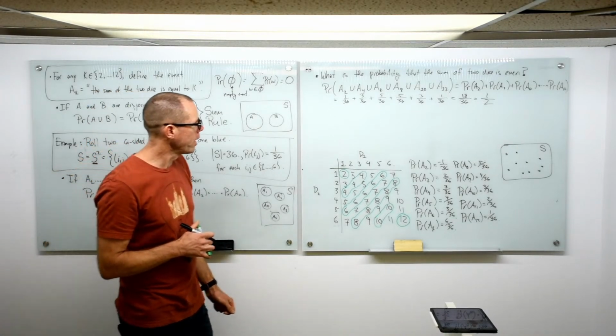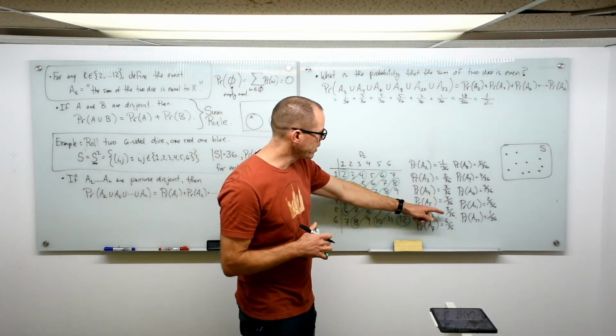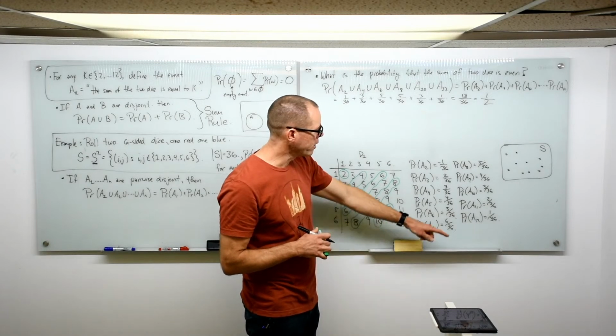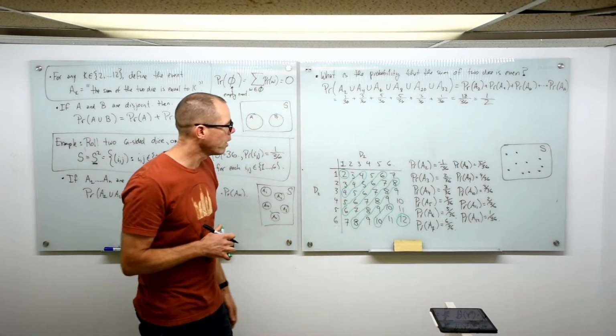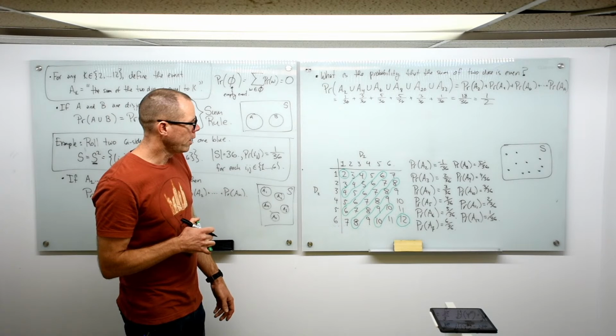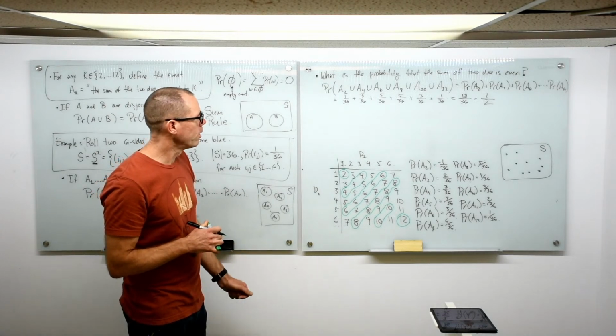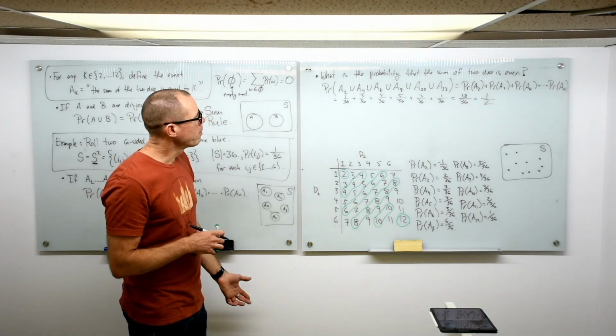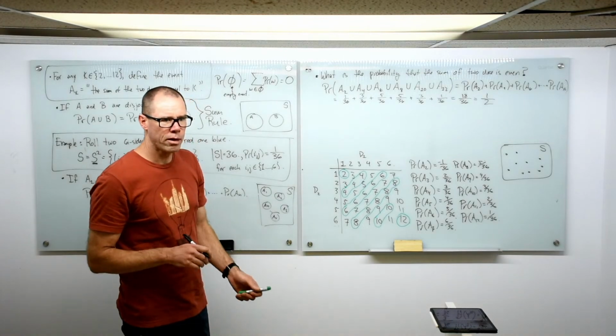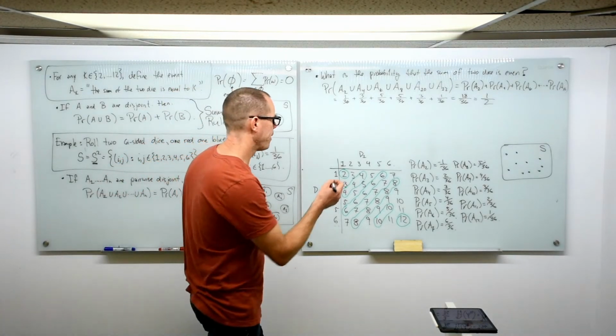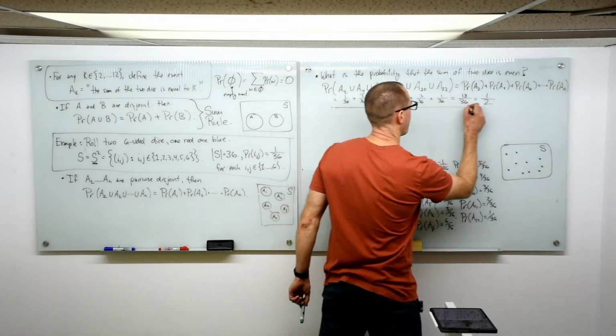I would get a sum that has a 2 out of 36, a 4 out of 36, a 6 out of 36. I mean, it has fewer terms even. And so it's a little, I won't say surprising, but it wasn't obvious from the outset that the answer would be a half. Okay.